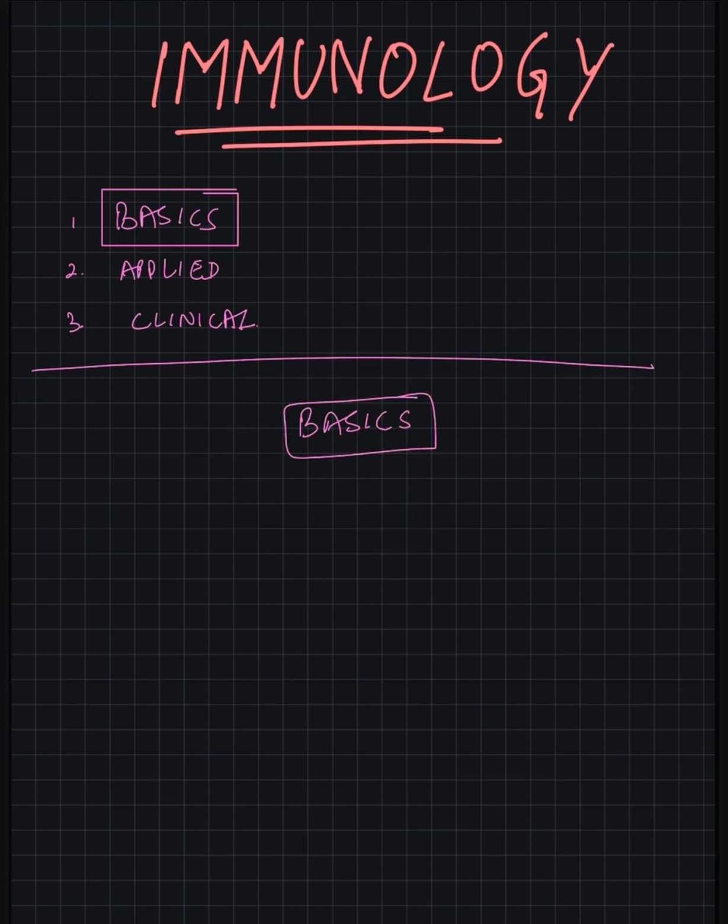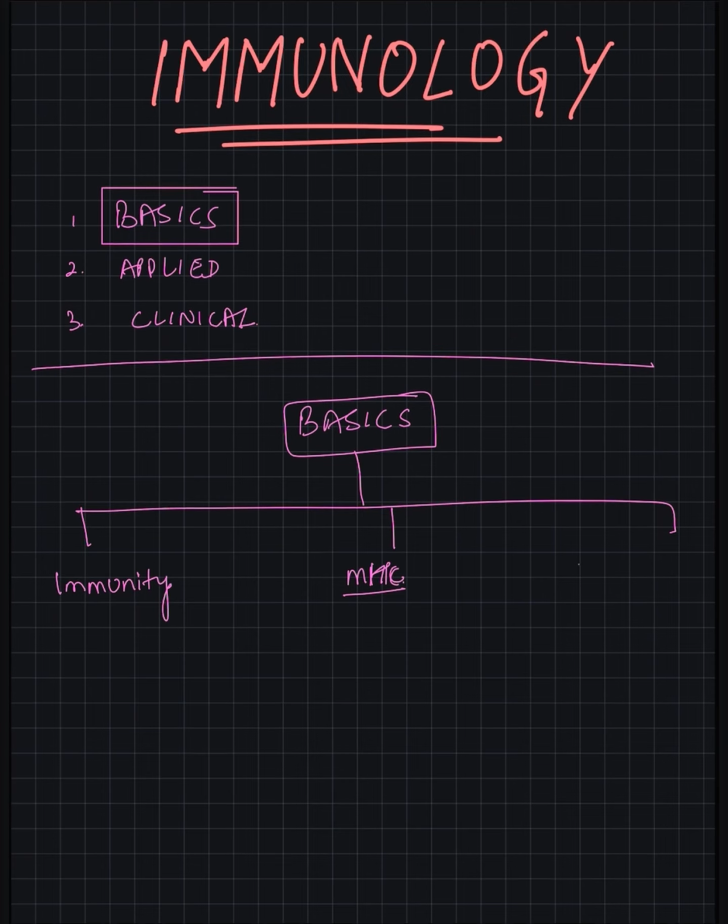Now we divide the basics of immunology into three parts. First we will categorize it as immunity, second as MHC, which means major histocompatibility complex, and third is immune response.